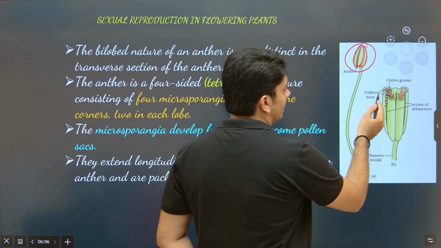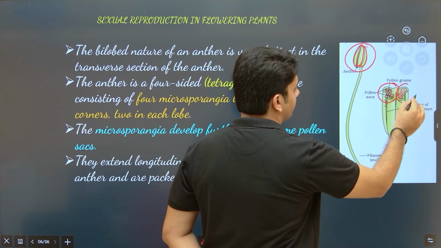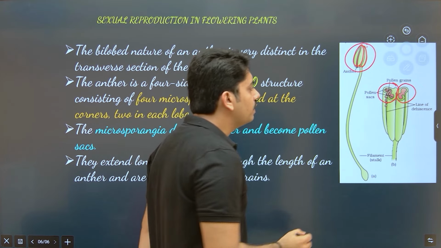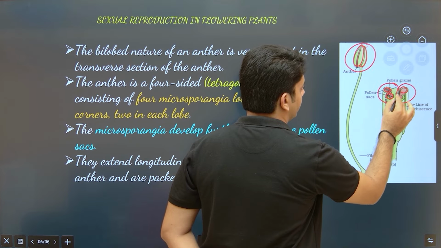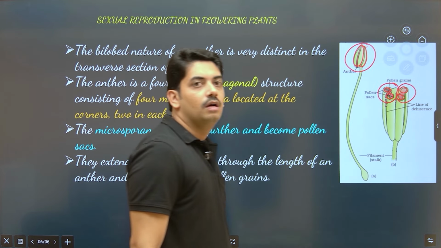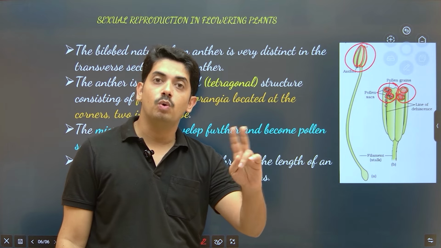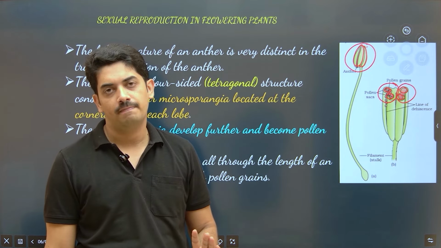Here in the transverse section we can clearly observe that these are the two lobes. Now each lobe has two chambers like this, right? So bilobed dithecous condition, each lobe has two chambers, that is why it is called dithecous condition.